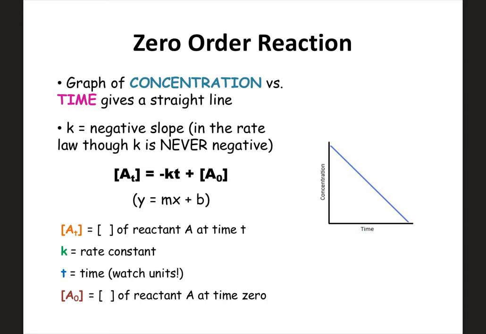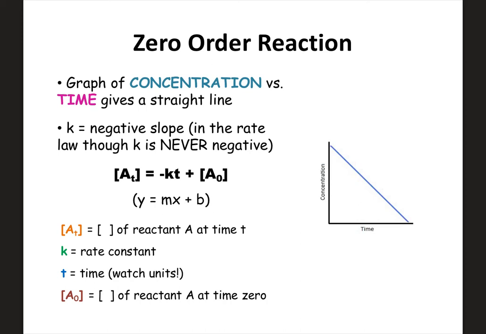All we did here was write the equation of the line, using information from the graph. [A] at time t, the concentration of A at time t, you get from the graph. We have k being the rate constant, t being the time. We do have to watch our units here, to make sure that they cancel out with k. And then [A]0 is the concentration of A at time zero, or your y-intercept.